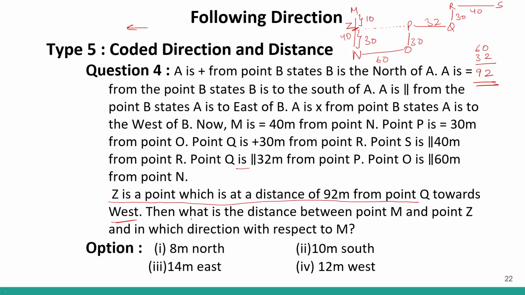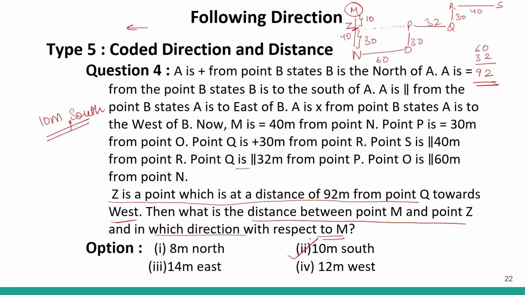Then we have to find the distance between point M and point Z and in which direction with respect to M. With respect to M, Z is in south direction. And the distance is 10 meter. So our answer will be 10 meter towards south, which is option number 2.